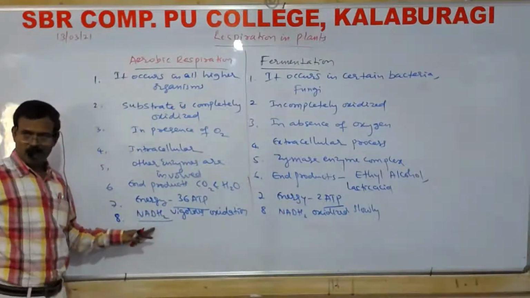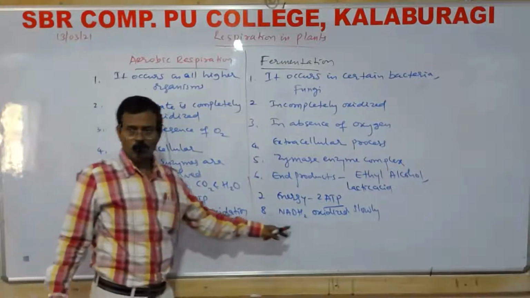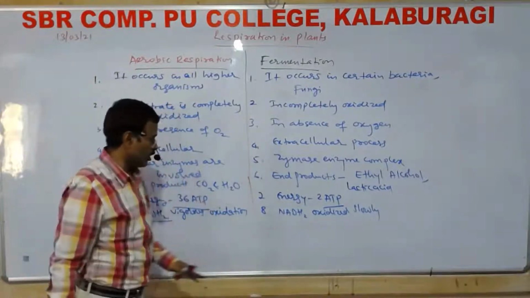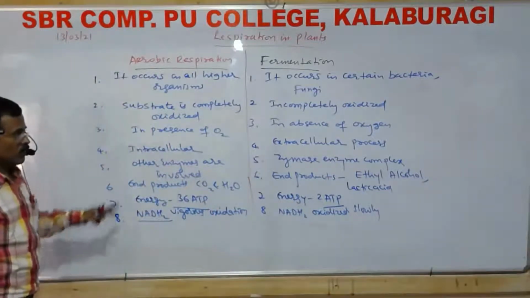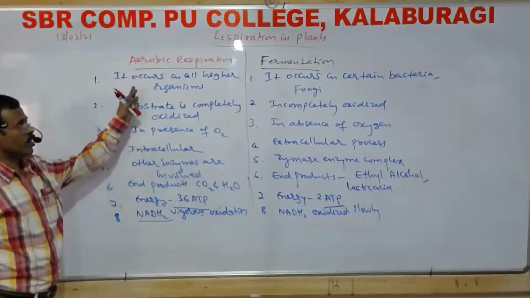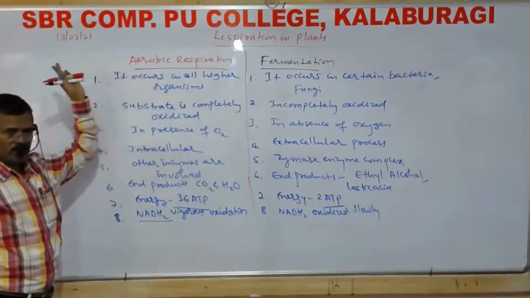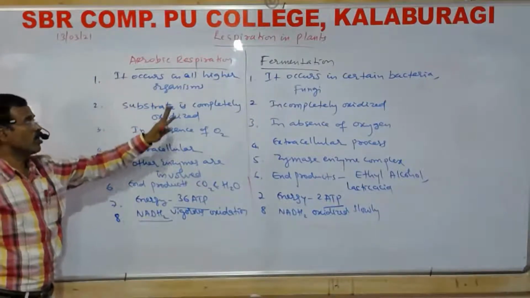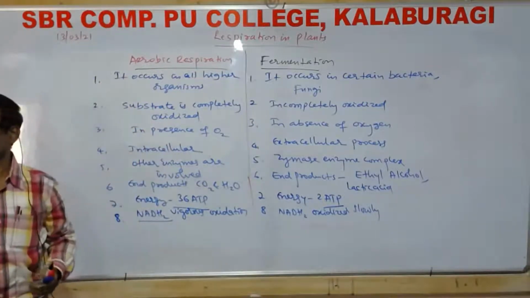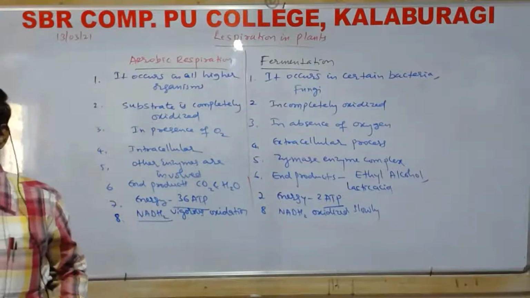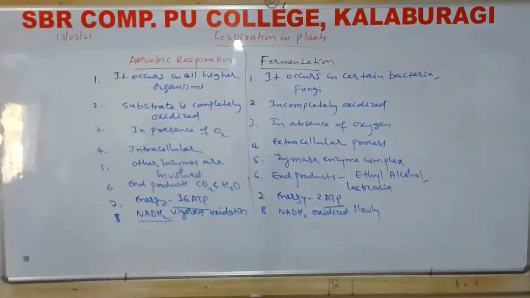Here it is rapidly oxidized, here it is slowly oxidized. Okay. So these are some simple differences between aerobic respiration and fermentation. So you try to remember these differences. Very important for 2 marks.